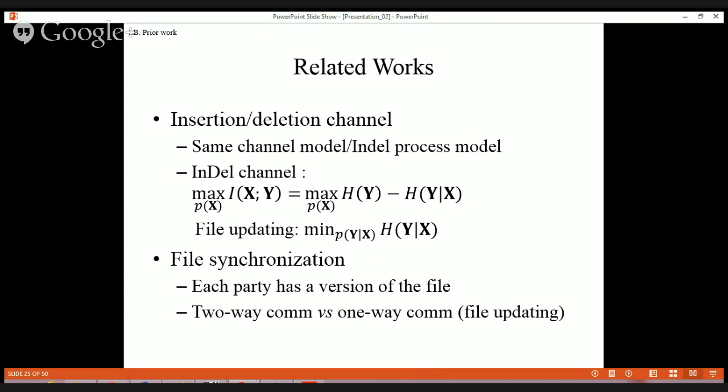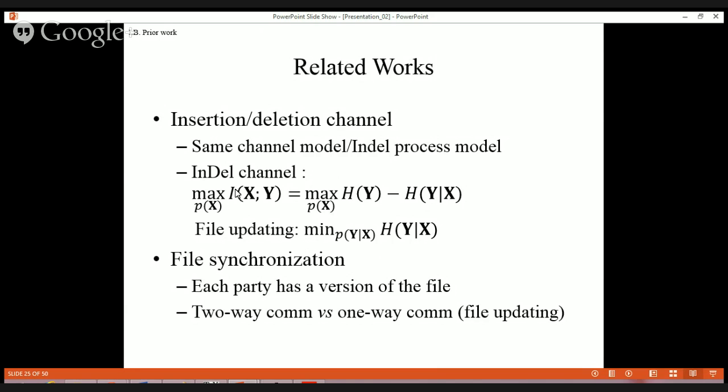In the insertion-deletion channel, the aim is to maximize the channel capacity over all the distributions for X. So from this perspective, the insertion-deletion channel is a harder problem than ours.